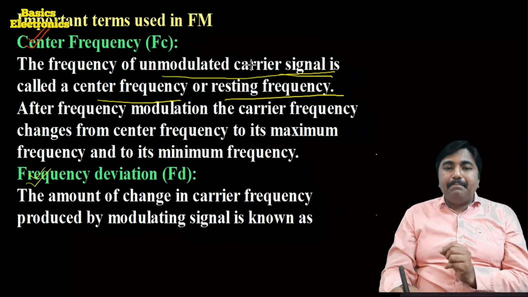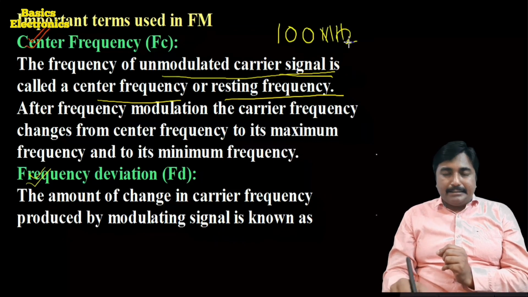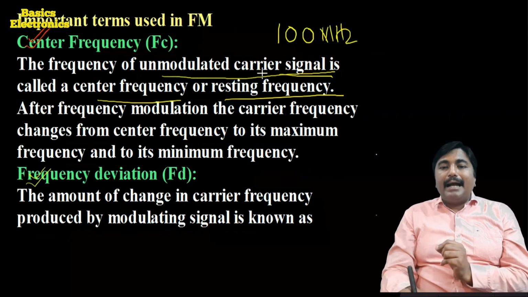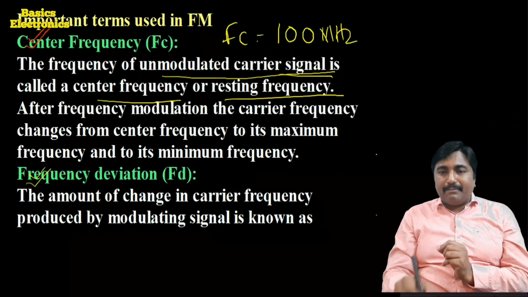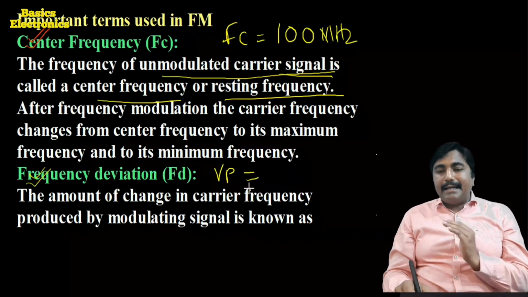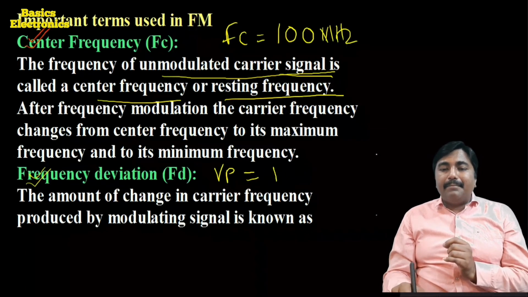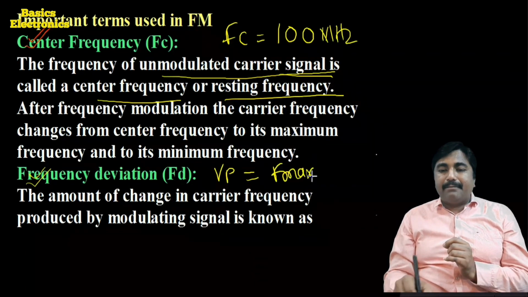For an example, the center frequency, the carrier frequency is 100 megahertz, and this we call the center frequency. When there is a peak voltage of a modulating signal, at that time it reaches the maximum frequency.